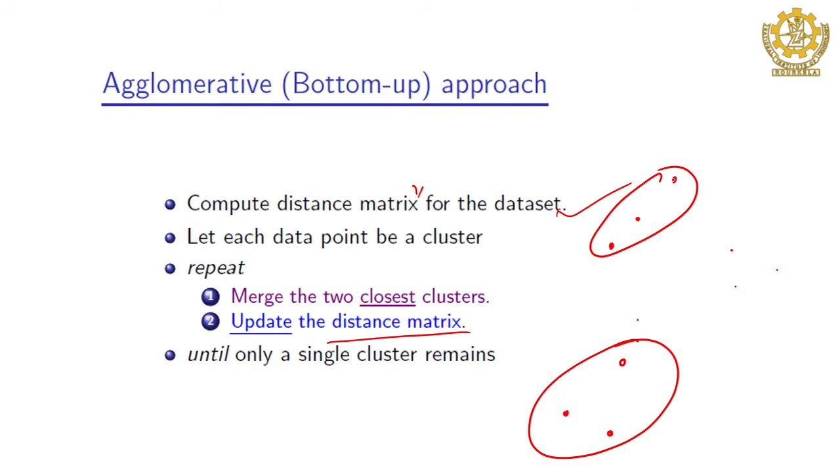Now, if you use the single linkage, what will be the distance between the 2 clusters? It is the distance from C1 to C2. If you use the maximum, the complete linkage, this will be the distance. Let us say this is the farthest point, so that will be the distance.